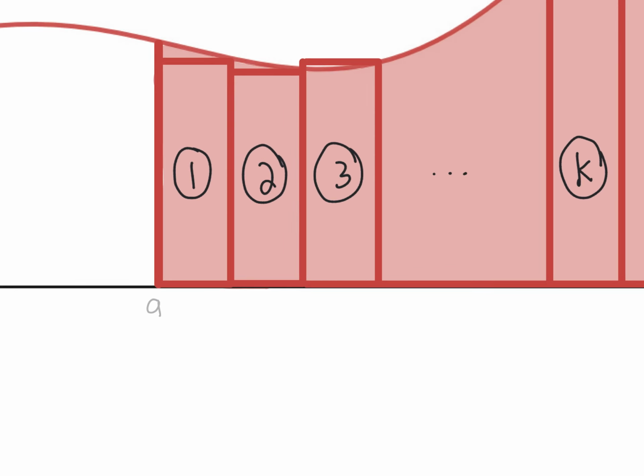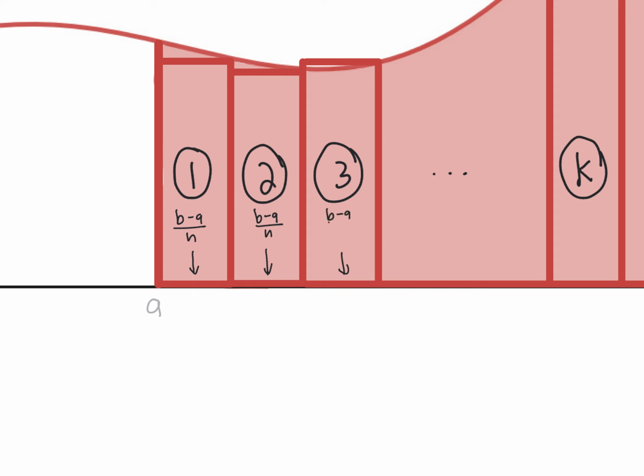Okay, so now think about this. The width of this little rectangle is b minus a over n. The width of the next rectangle, same thing, b minus a over n. Next one, same thing.